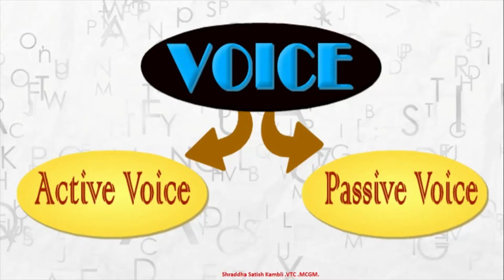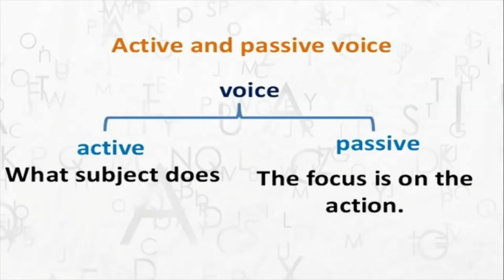Okay, coming to active and passive voice, to understand it in one single sentence, you can say that active voice talks about what the subject does. So, subject is given a little importance here. We are talking about the subject and then we are focusing on the action.